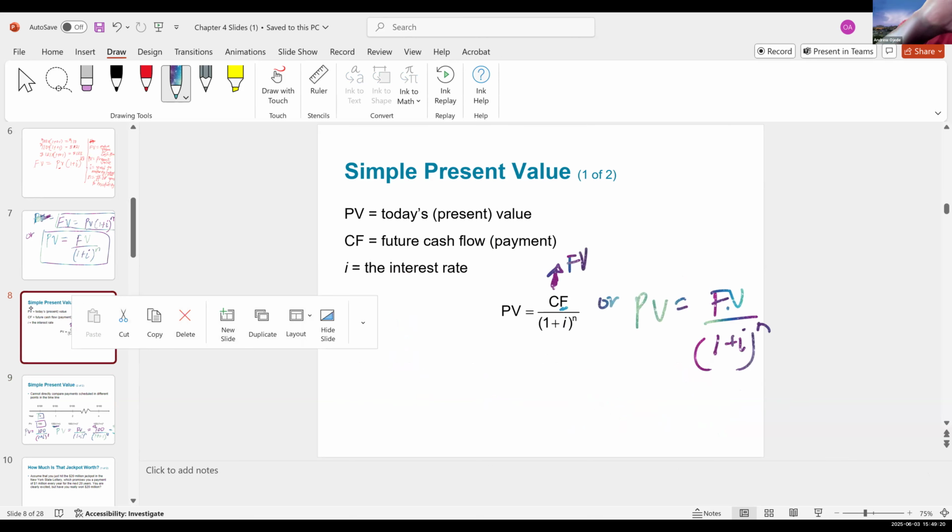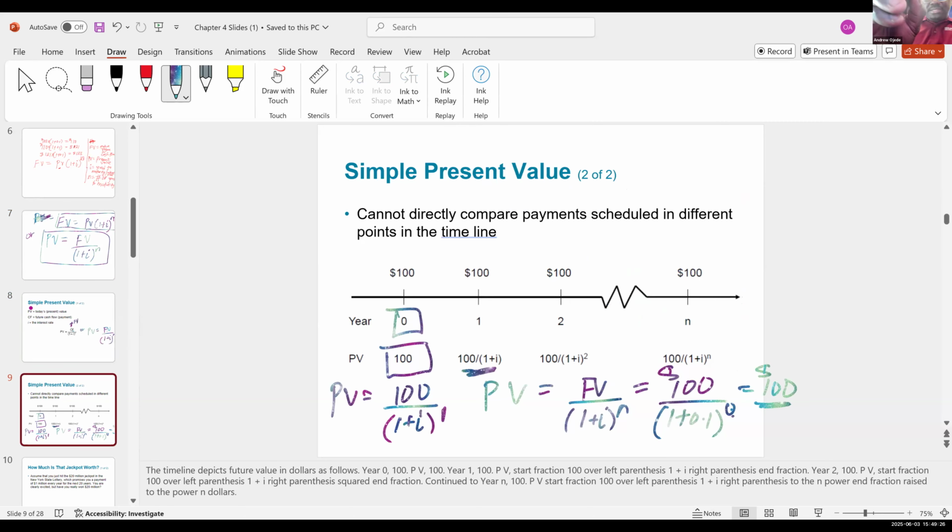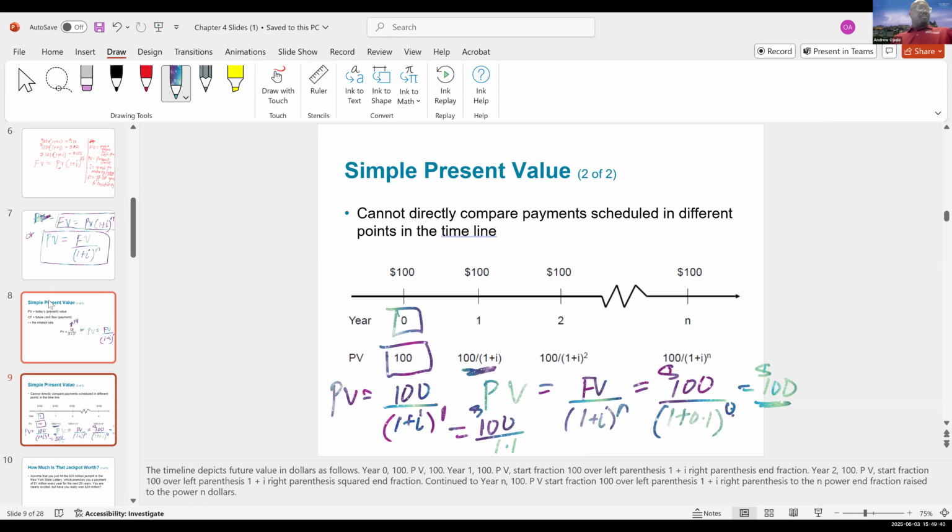So if you do the math here, if the interest rate is 10%, that means the present value is going to be $100 divided by 1.1. 1.1 to the power 1 is 1.1. So $100 divided by 1.1, you get what? Let's check here on my calculator. $100 divided by 1.1 is $90.91.